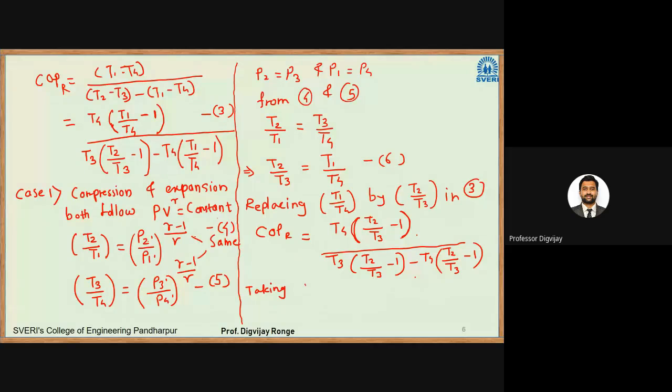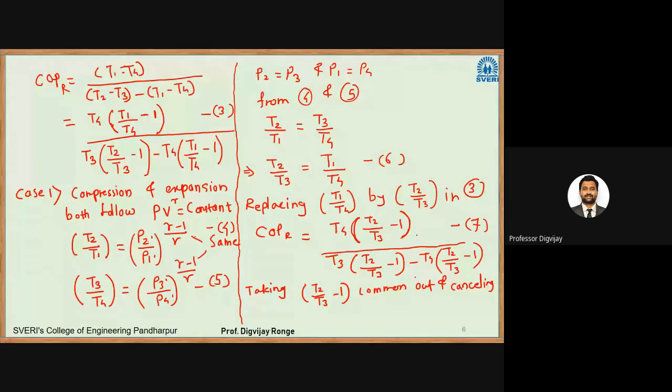Taking T2 by T3 minus 1 common out and cancelling. I hope you all are understanding what we are doing in this step. Let us say this is step number 7. In step number 7, we are taking the bracket T2 by T3 minus 1 as common.